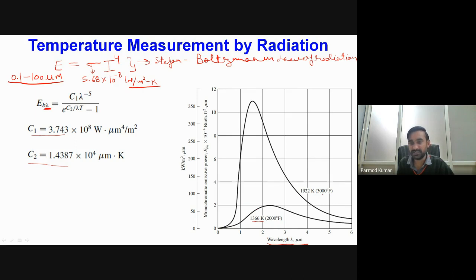With increase in temperature, the maximum shifts towards the lower wavelength. It means the majority of the radiation is emitted in some narrow range of wavelength. For 1366 Kelvin we have a very wide spectrum of emitted radiation. However, when the temperature is 1922 Kelvin, we get that maximum emissive power.